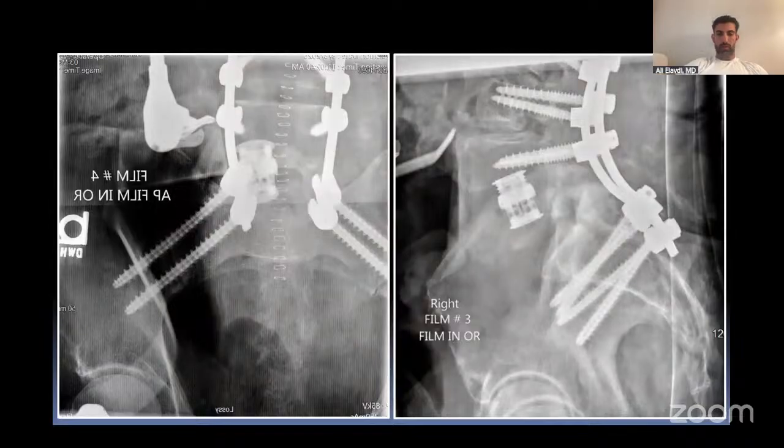These are post-operative images. You could see the cage resting at the end plate at L5. Intraoperatively, we were able to find a firm end plate there, so that we could seat the expandable cage in there.